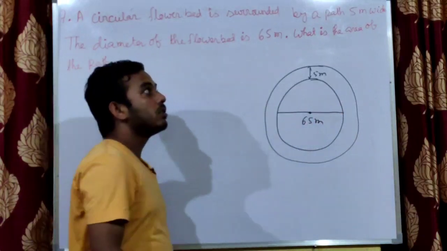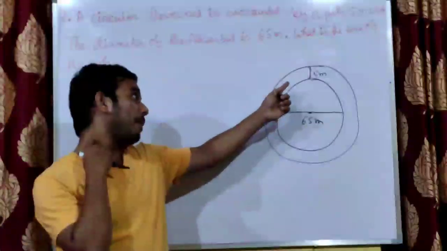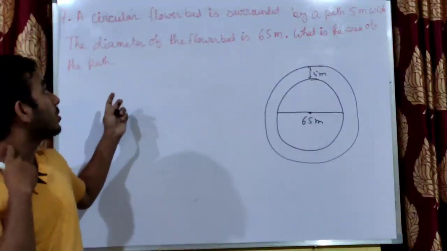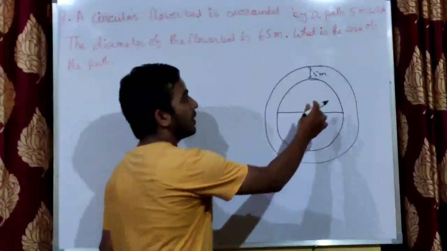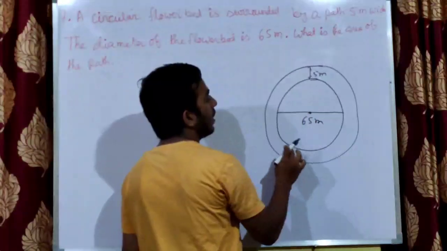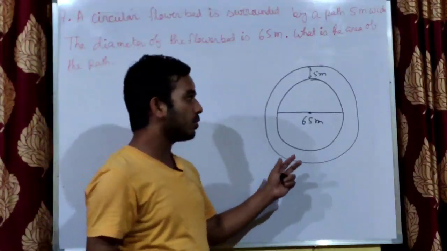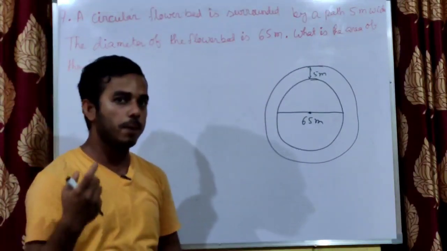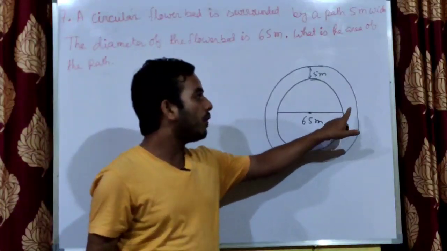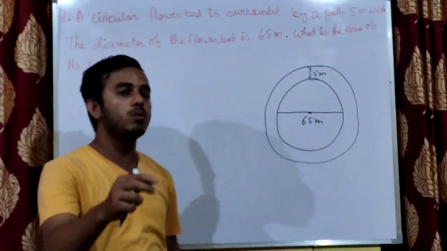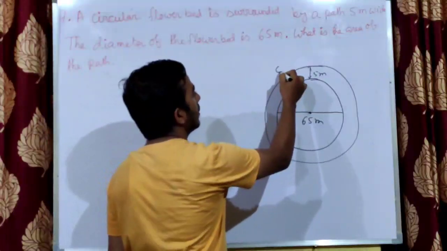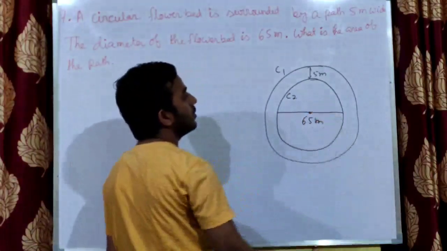Clear? So if its width is 5 meter, what is asked in the question is that we have to find the area of this path. That means how much area this path requires. Consider you have to gravel it, so you have to first find the area of the path. So how will you find the area of the path? Now consider this is circle 1 and this is circle 2.